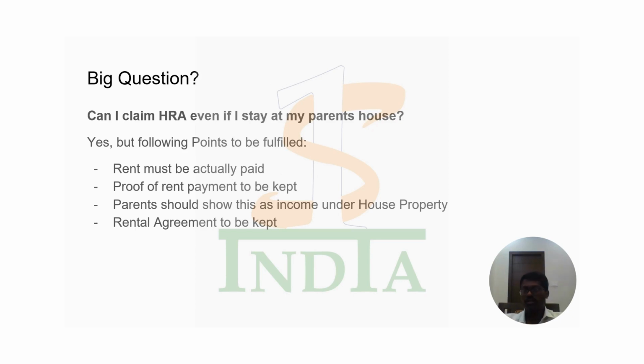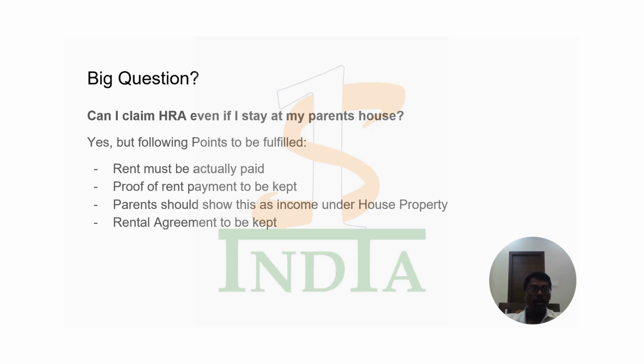What is the next big question? Can I claim HRA even if I stay at my parents' house? Yes, absolutely. But there are some conditions which need to be satisfied. First, rent should actually be paid to one of your parents, and the proof of rent payment should be kept. It may be paid either in cash, against which you need to have the receipt, or if it is made by bank payment, then you should have the bank statement as the proof.